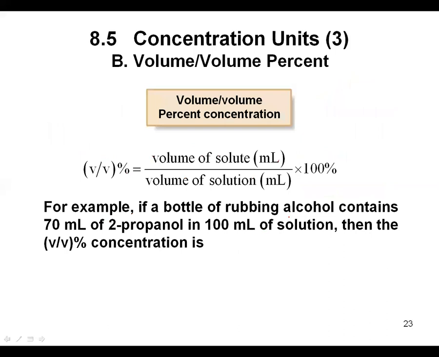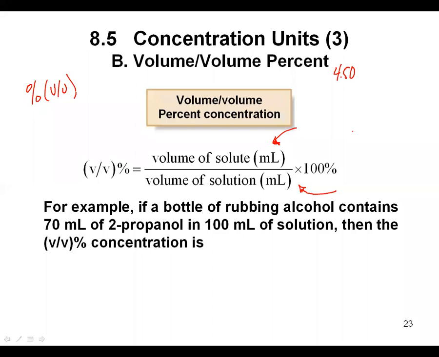Another percent concentration that's used a lot, like in percent alcohol, is percent volume to volume. That's basically the volume of the solute over the volume of the solution, again, times 100%. So same thing if we had a 4.5% volume to volume solution of sodium chloride.